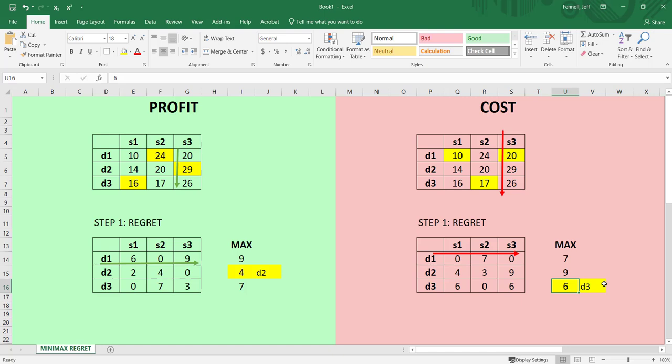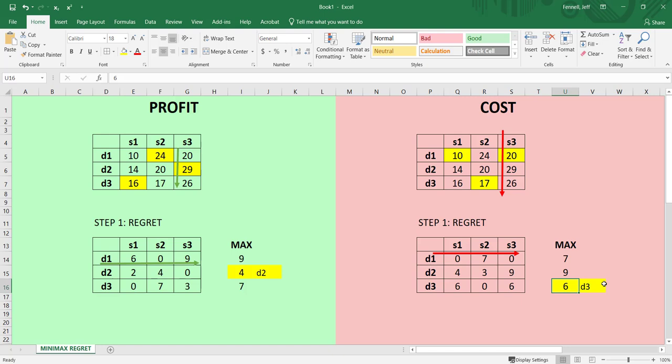So again, a little more work when we have the Minimax regret. The first thing we have to do is create that regret table, right? This is the only time we are going state of nature by state of nature, column by column, instead of row by row like we started the other two. And after we created the regret table, it is now very similar to what we saw with either the optimistic approach or the conservative approach.